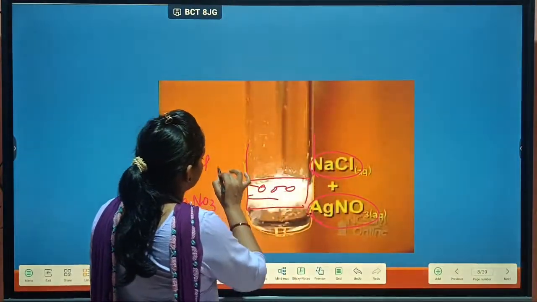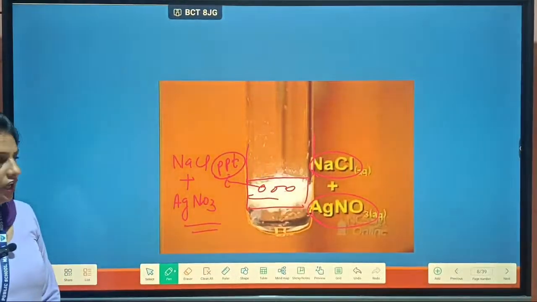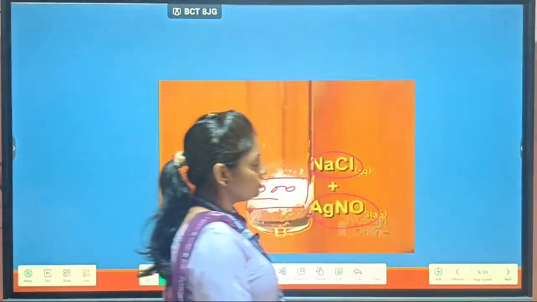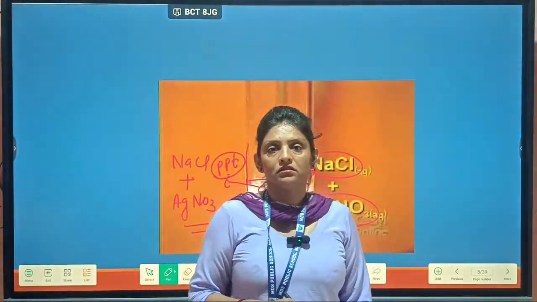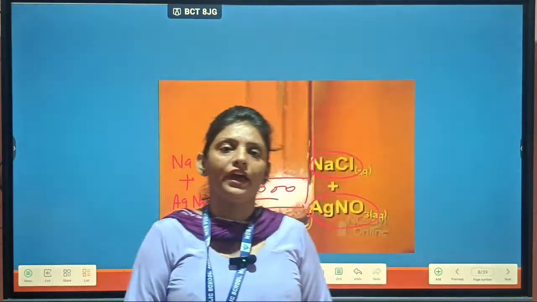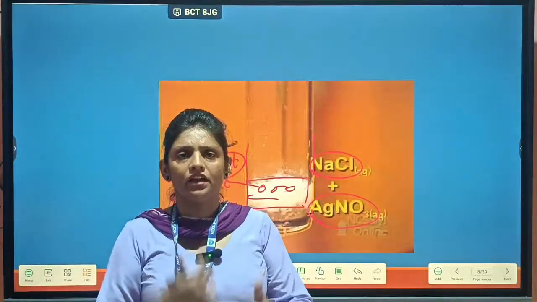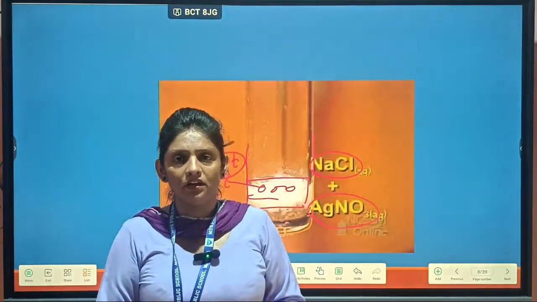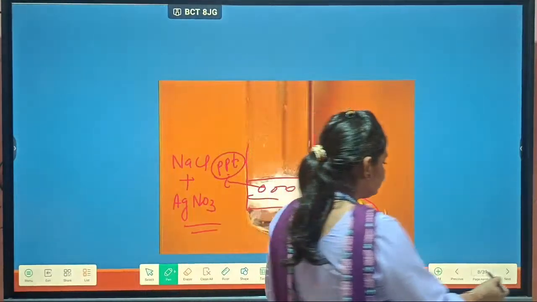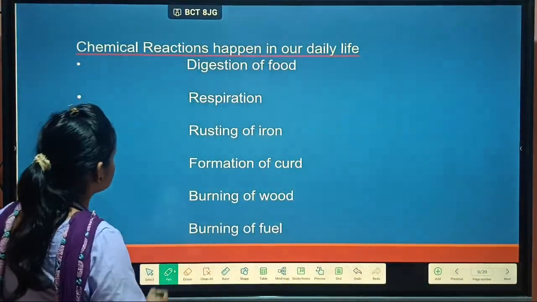Precipitation formation takes place. Okay. So during a reaction, change in temperature, change in color, change in state, evolution of gas, formation of precipitate, these types of changes can take place during a chemical reaction. Okay, students? We have already done all these points.